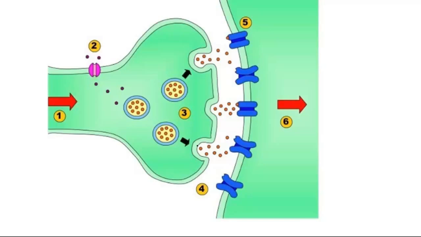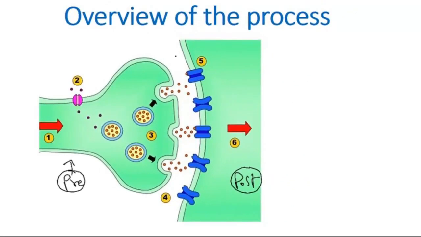Now the idea of synaptic transmission: if you look at this picture, this is the presynaptic cell, this is the postsynaptic cell, and this region in between the two is the synaptic cleft. These dots visualized here inside the vesicles are neurotransmitters, and they have different functions to play.